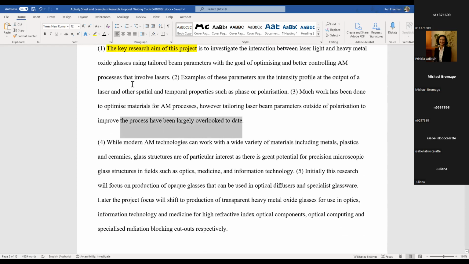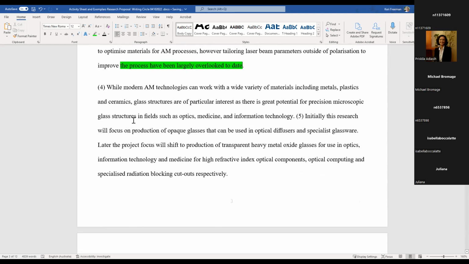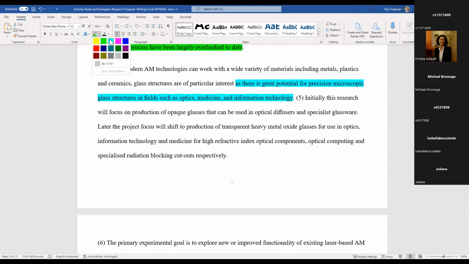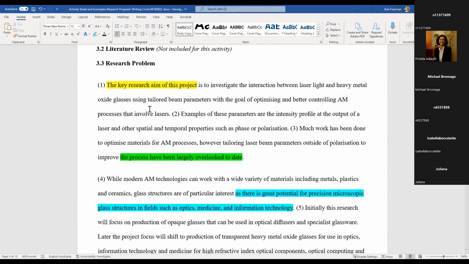Okay, so a bit there about largely overlooked. Right, so narrowing down here. So beginning to get a little bit about the value, isn't it? So I don't mind this. It's going from broad to narrow, which is what we wanted to do.